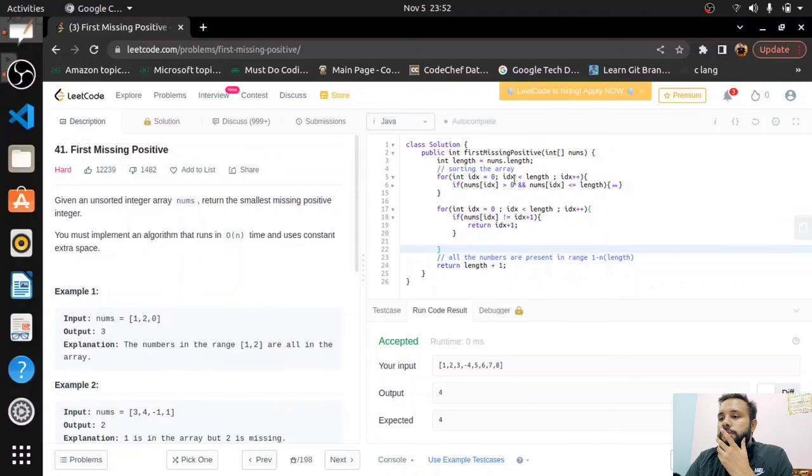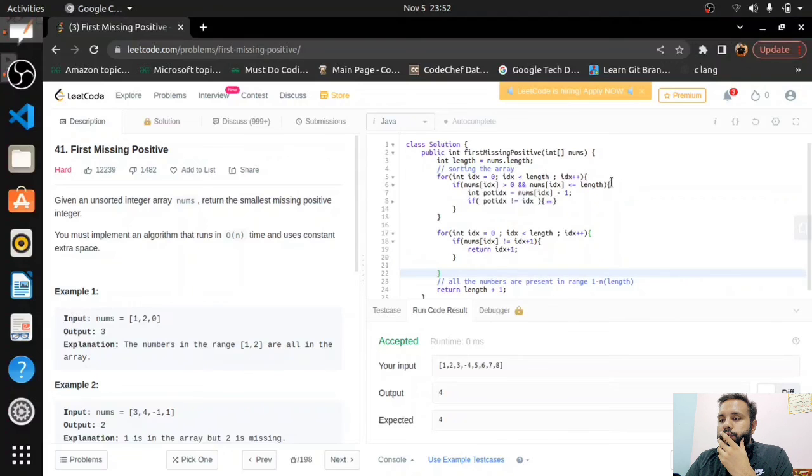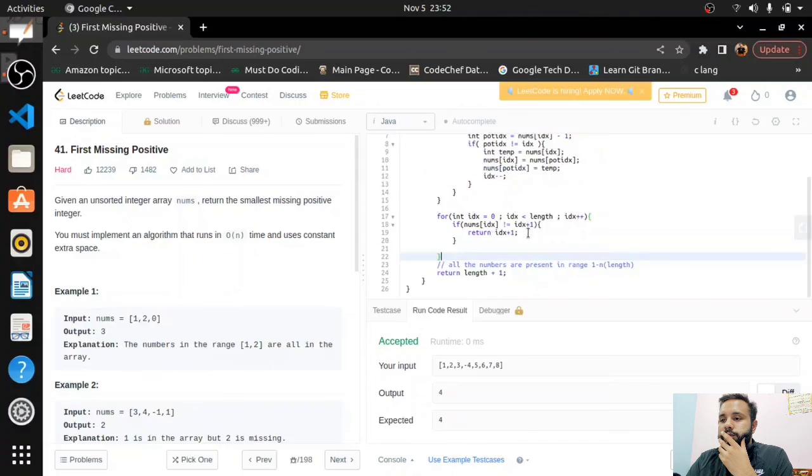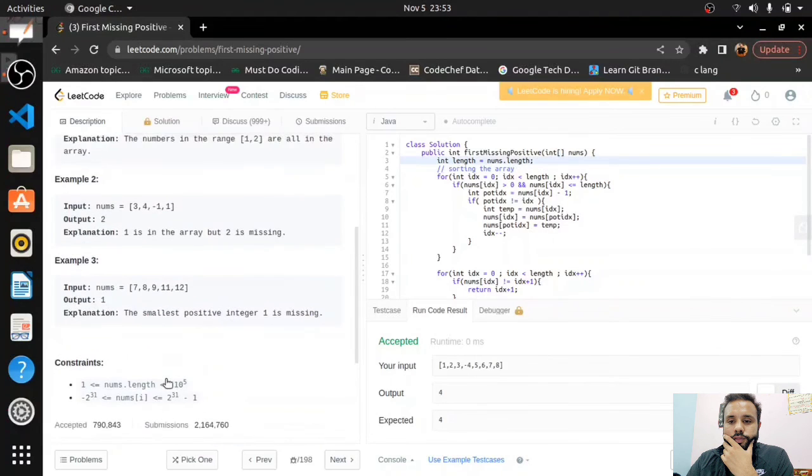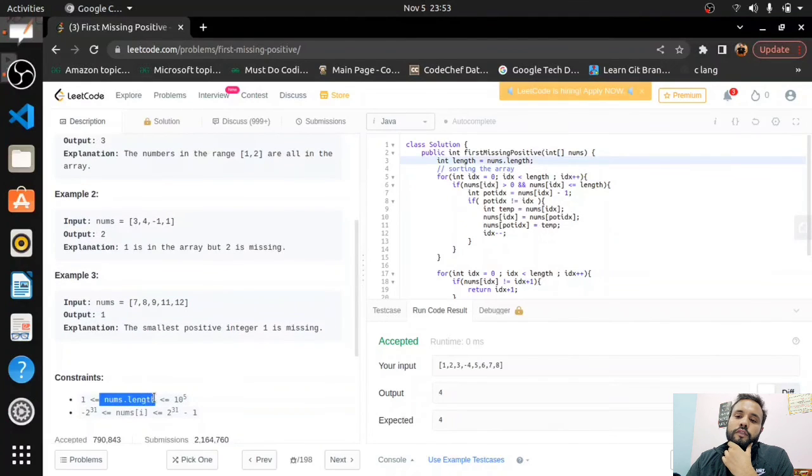Yep, this is complicated. What are we missing here? Nums' total length will be in this range, 10 raised to the power 5, and the numbers can be in range there.